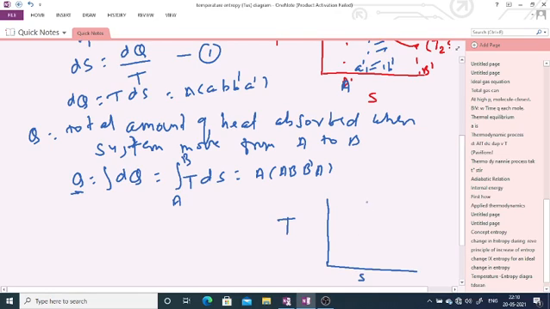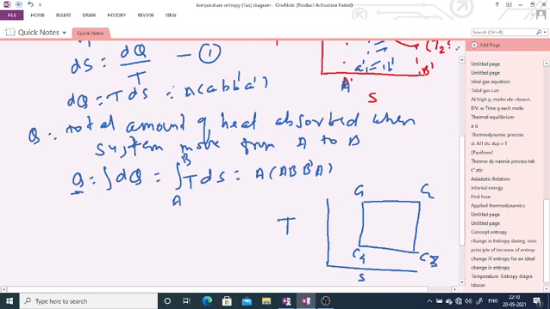So that diagram is the representative state of your system with the help of the TS diagram. So suppose it is C1, C2, C3 and C4.